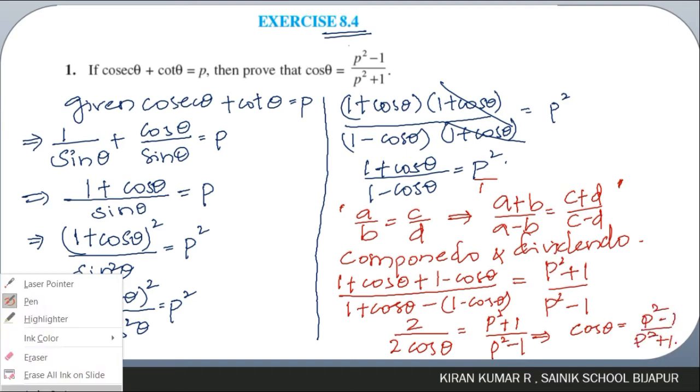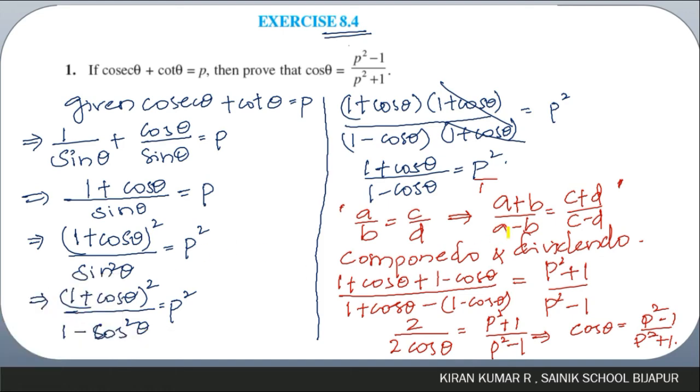So what is most important for you to note is I have used this componendo dividendo property here. A plus b by a minus b, 1 plus cos theta plus 1 minus cos theta divided by a minus b, 1 plus cos theta minus 1 minus cos theta, which is equal to p square plus 1 upon p square minus 1.